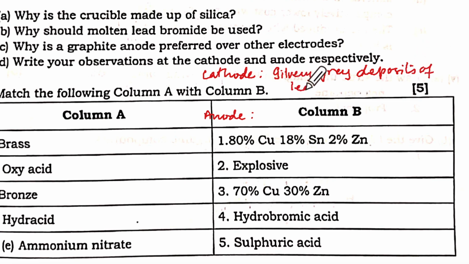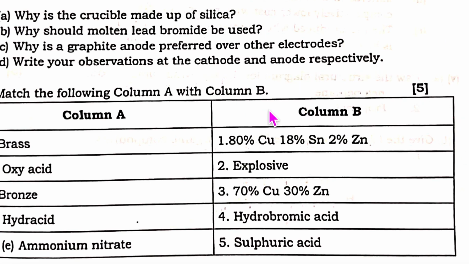Lead metal, and I would prefer even atoms, because remember they become neutral at cathode. Anode, bromine. So this will be easy. What is it? Reddish brown bromine vapors. Okay, let us come to the next one. Next one is pretty simple.